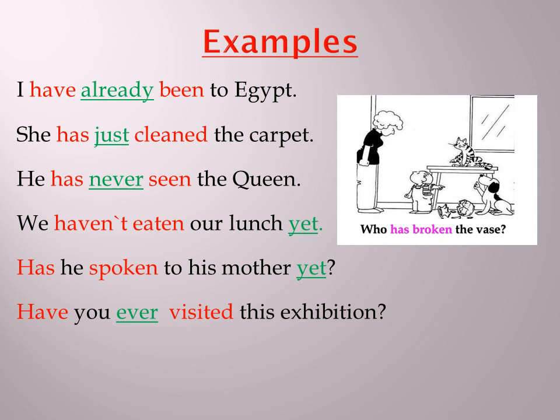Has he spoken to his mother yet? Have you ever visited this exhibition? All the actions happened in the past, but when exactly we don't know. The result is important. This is the present perfect tense.